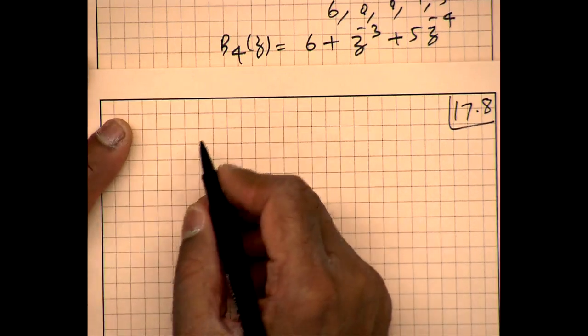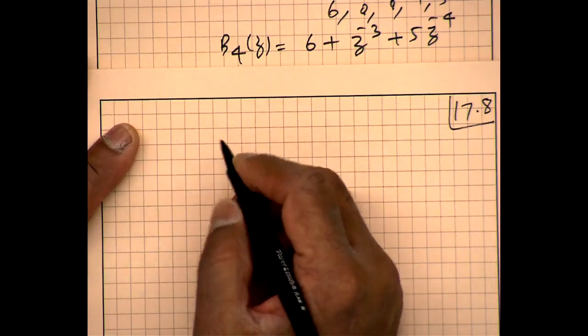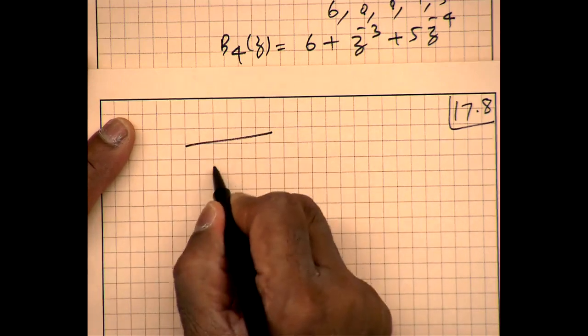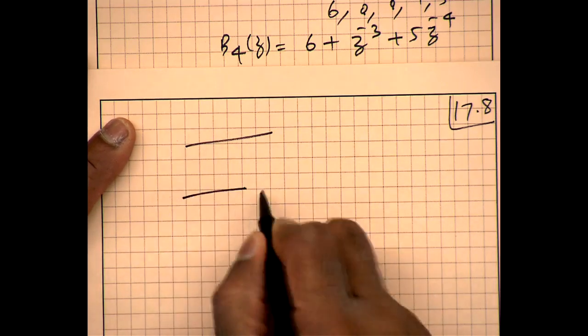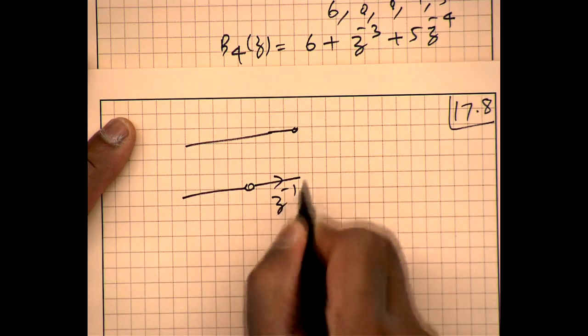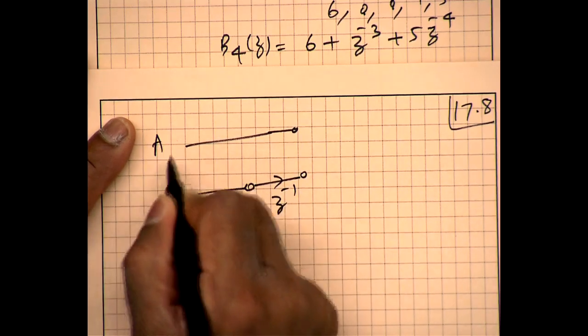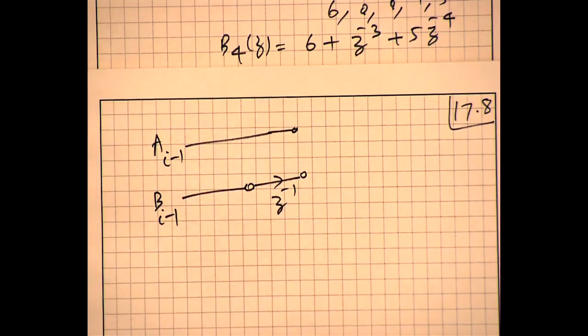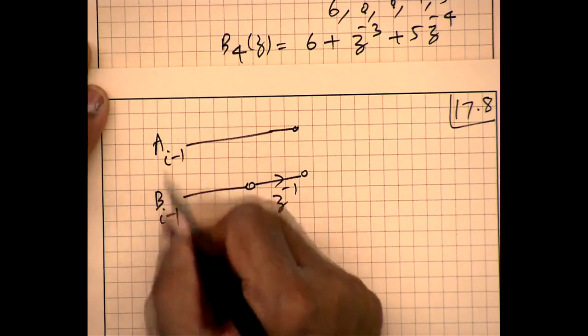Then the basic structure that I showed from the book has a structure like this. So we start with A(i-1) and B(i-1). So this is the output of stage i-1.